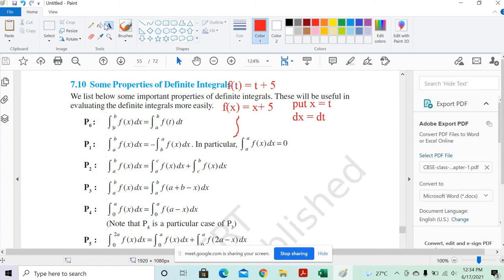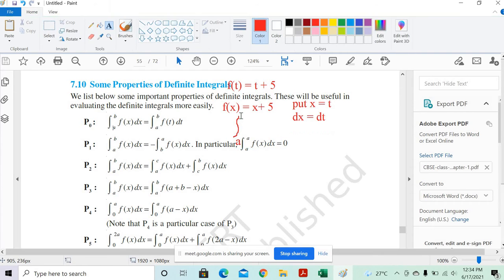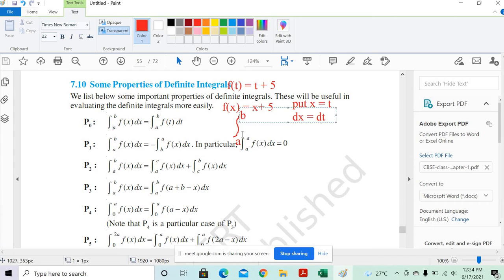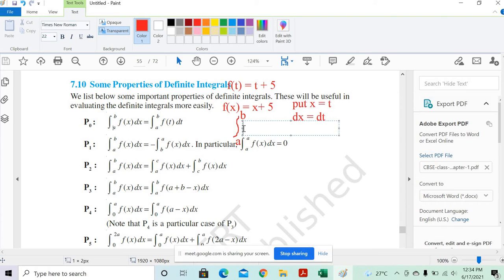Here the integration limit is anyway the same, a here and b here, so f of x changed to f of t, and dx is changed to dt.